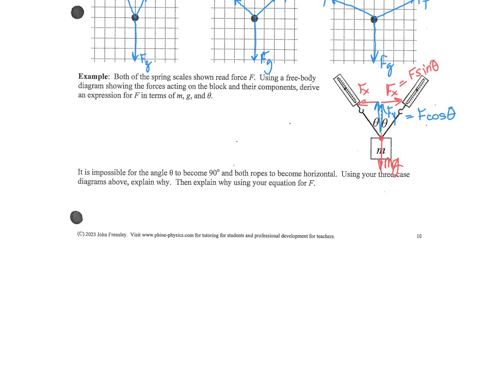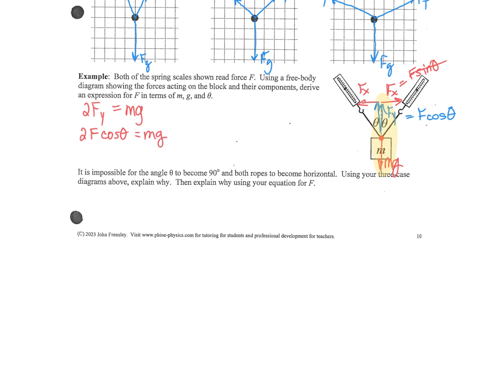Now, I'm not worried about this one though, because really the only forces that I need to worry about are these right here that we can see balance each other out. Okay, so I know that twice the force in the y direction has to be equal to mg. Well, that is twice F cosine theta is equal to mg.